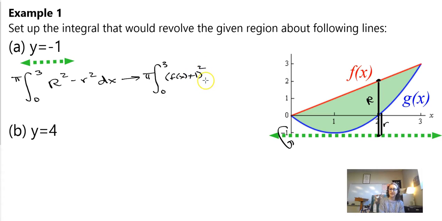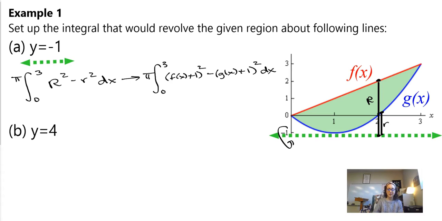And then remember, I have to square capital R. Then minus, now we're going to do the same thing for little r, so top minus bottom. Here's the top, that's g of x. And here's the bottom, again, that's negative 1. So I have g of x minus negative 1, so plus 1. That's little r, and then we square it, dx. Notice you've still got your three variables. You've got your square for area and your dx for that tiny depth.